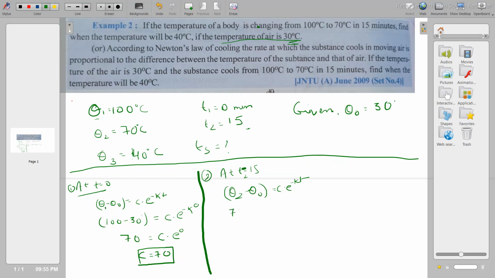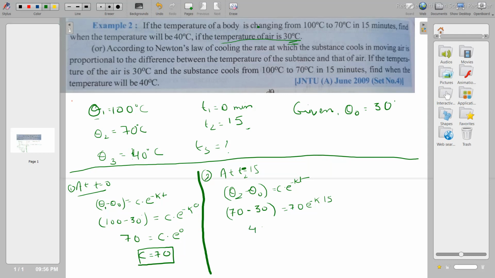So it's 70 minus 30, theta naught of the surrounding, is equal to C into e power minus kt. C we got as 70, and the time is 15.